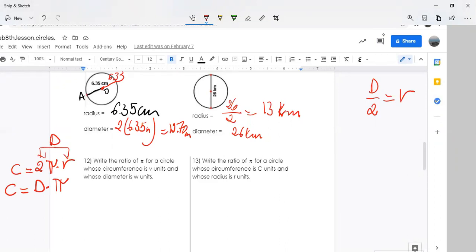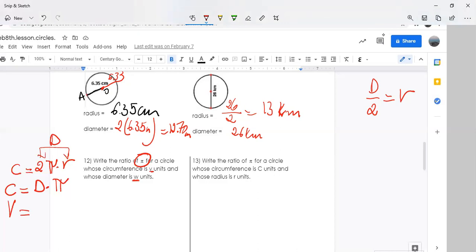They want us to write pi as a ratio of circumference V and diameter W. Honestly, they're just using different variables. So the circumference is V.